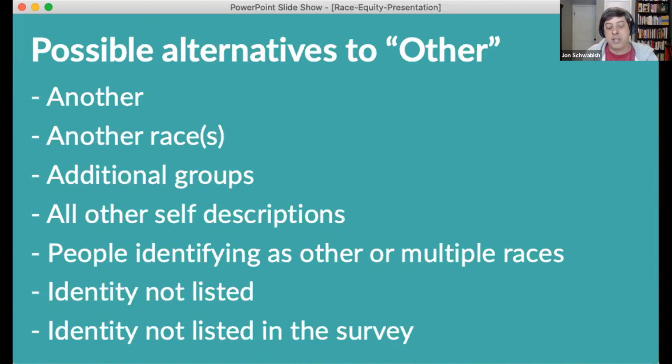Here's the one caveat that I will mention. I'm mostly a quantitative researcher. So when I think about presenting the results and saying, I'm going to change the word other from the survey, I get a little bit uneasy. I think uneasy is the word.